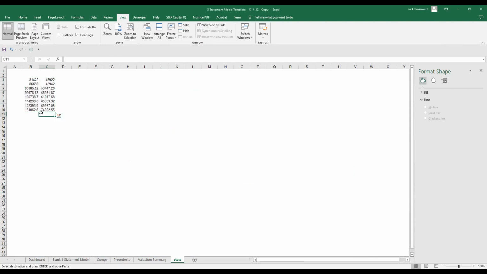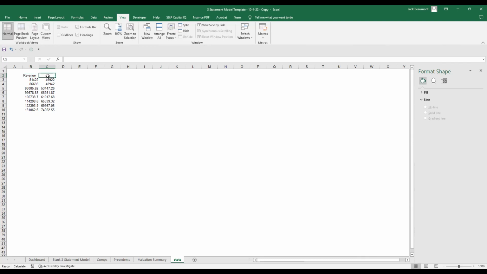See what transpose does. So if you notice before they were going this way, now transpose switches that and puts it this way, because I want to graph that. I do want to graph this. I want to do some data analytics, sorry, to this here. So this was revenue.